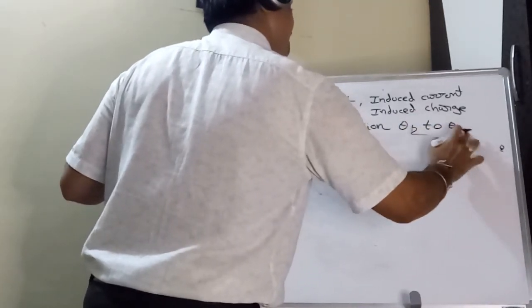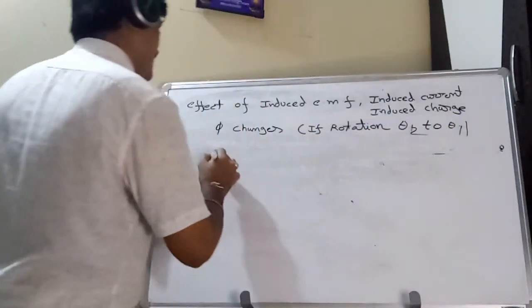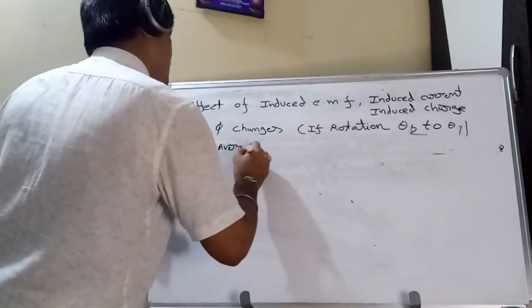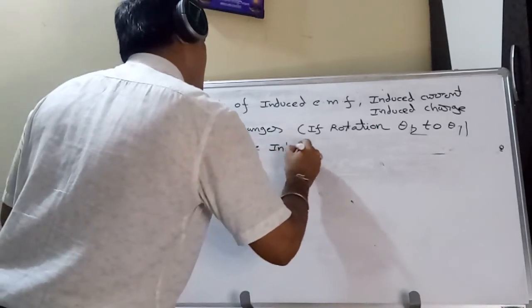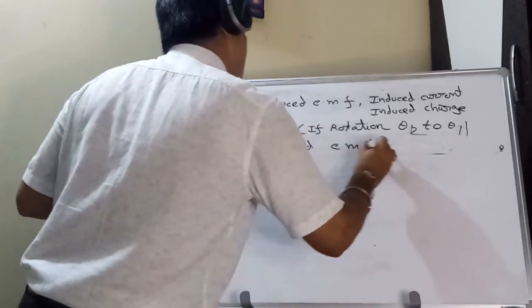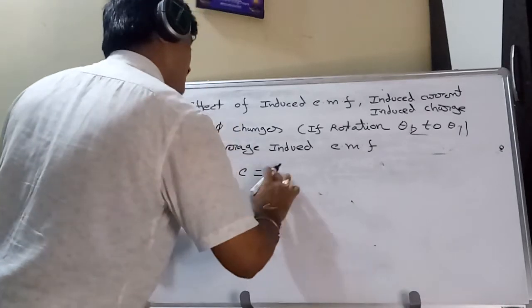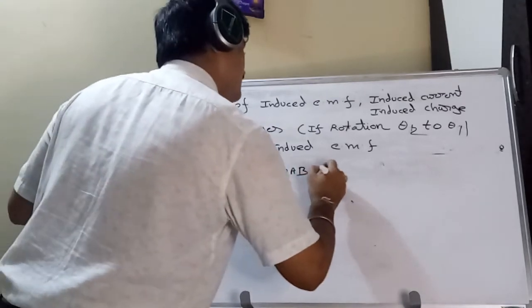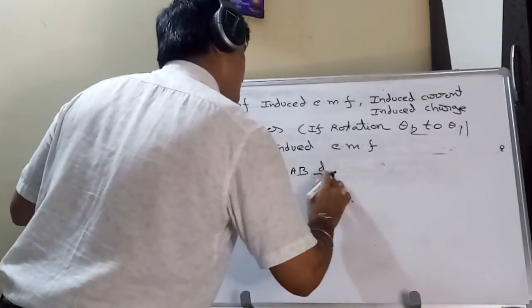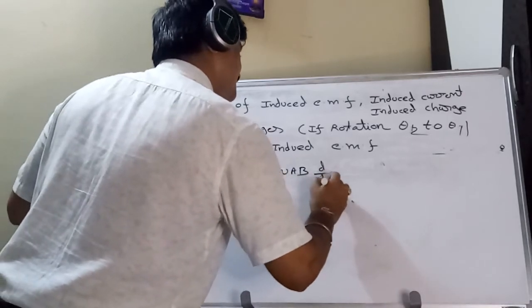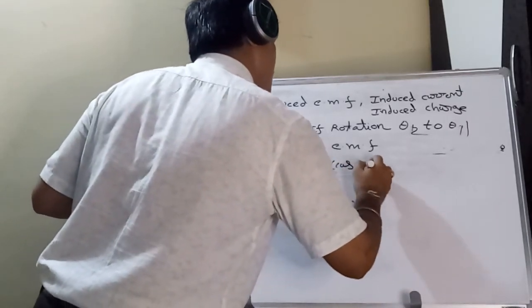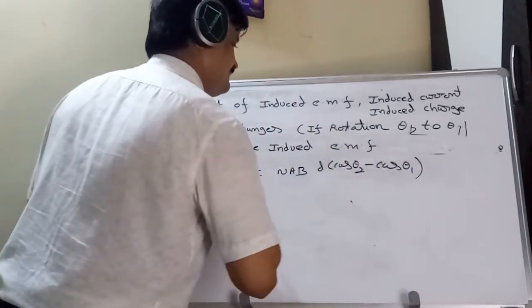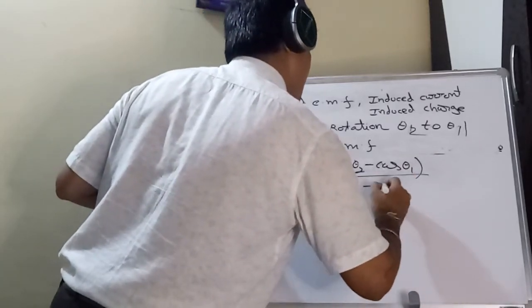So the average induced EMF: E is equal to NAB d by dt of (cos theta 2 minus cos theta 1) by (T2 minus T1).